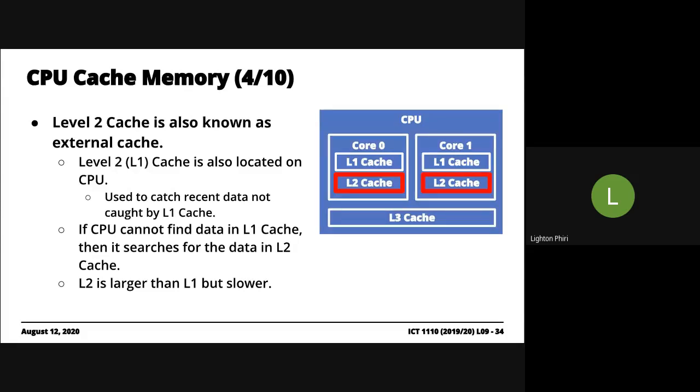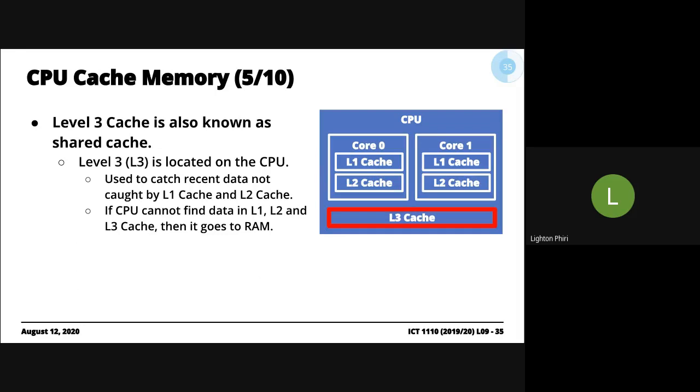If it does, then that is good, because your level 2 cache is stored on the CPU, so it's going to be orders of magnitude faster than if the CPU was to make a round trip to main memory, right? To RAM in this case, or ROM. If it doesn't find what it's looking for in level 2 cache, then assuming you don't have level 3 cache, it will go to RAM, right? If you have level 3 cache, then it will check in the level 3 cache here, right? Which we are saying is shared cache here.